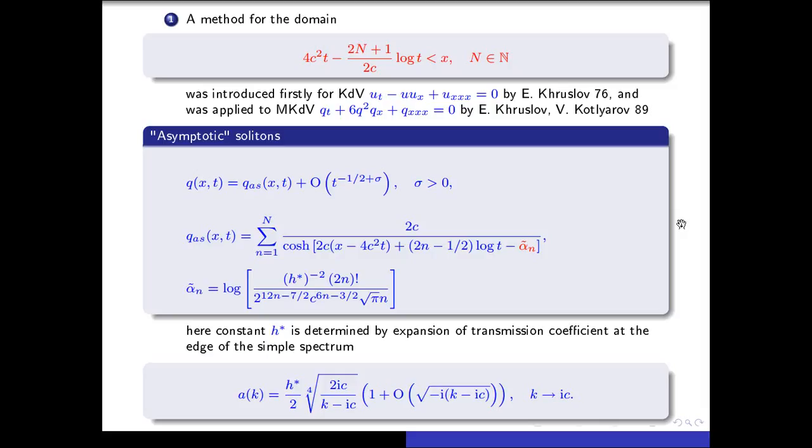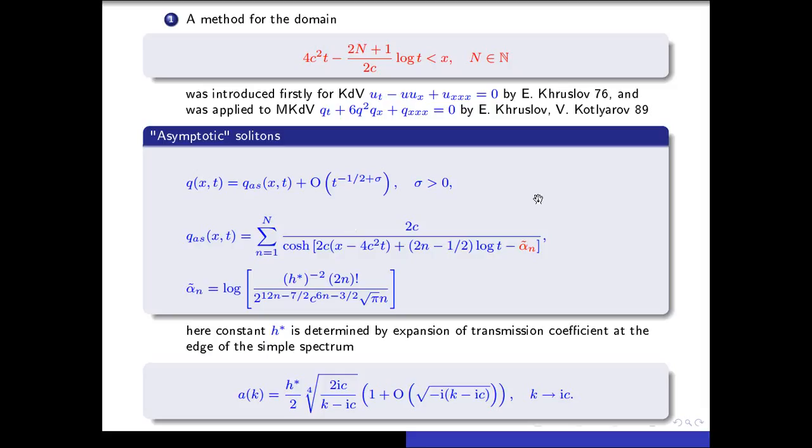In the domain above logarithmic curves, the asymptotics has the following form. We see that this expression looks like solitons, and the distinction from solitons is due to this logarithmic phase.